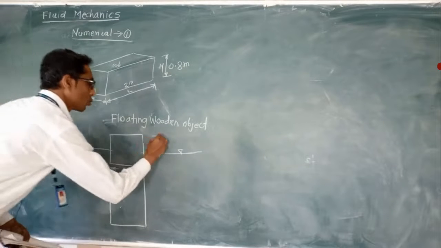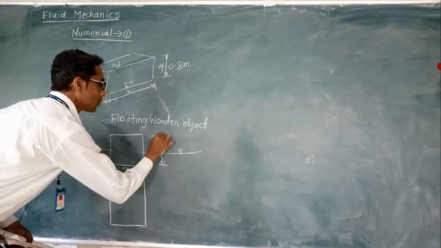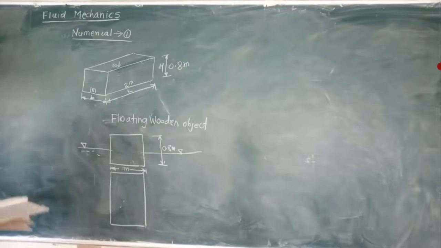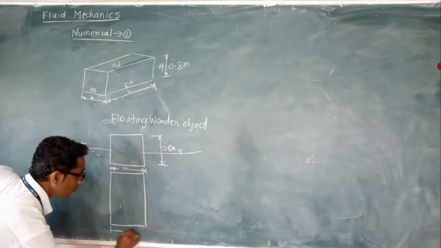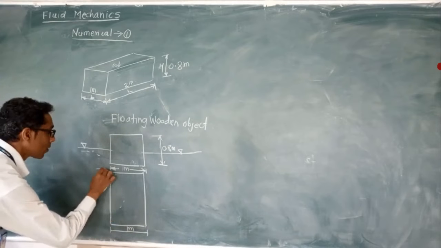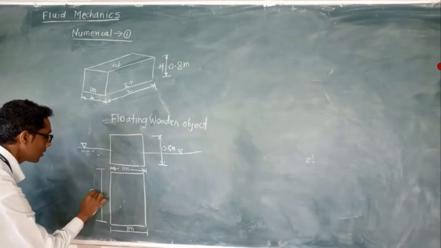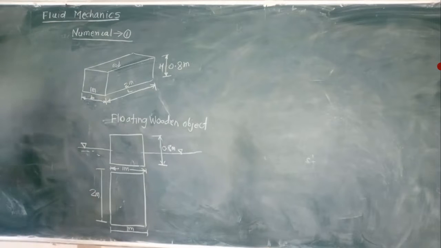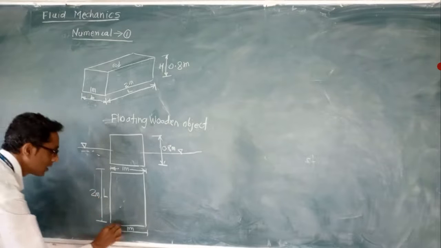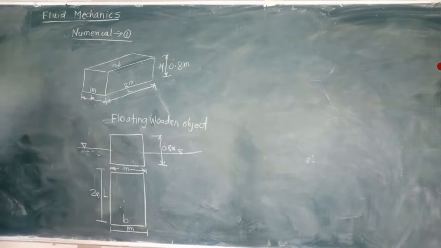Okay, this will be height, that is 0.8 meter, and in the top view here 1 meter by 2 meter. Okay, this is what? Length. This is what? Width.